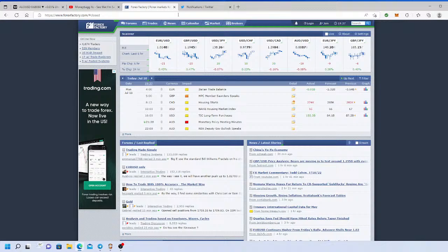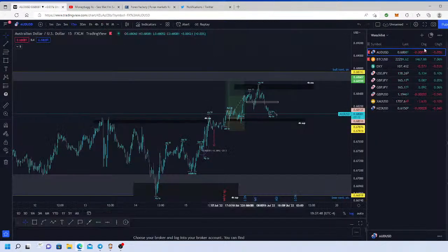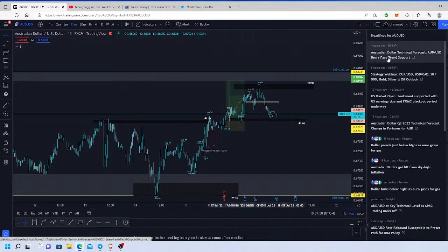I feel like I'm low on volume. But let's see what we got over here. Australian dollar technical forecast, AUD/USD bear face trend support. U.S. market open, sentiment support with U.S. earnings due to FOMC, breakout period on the way.